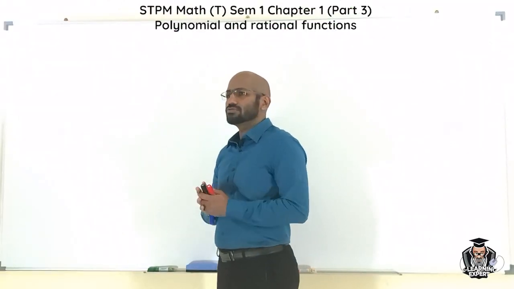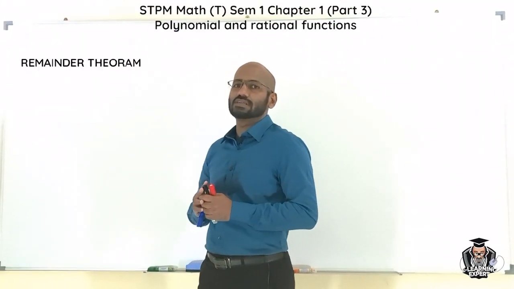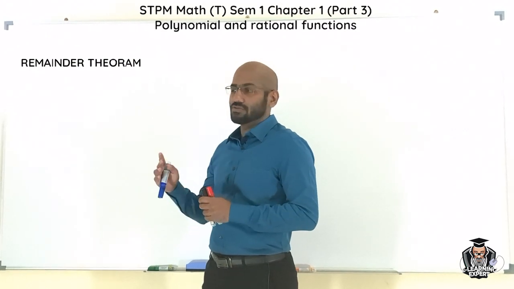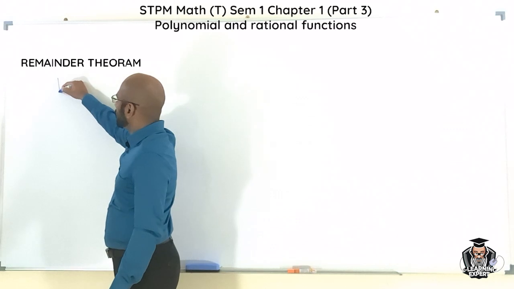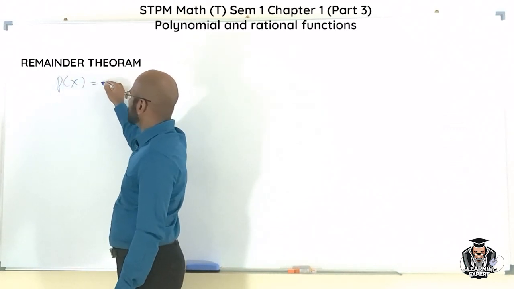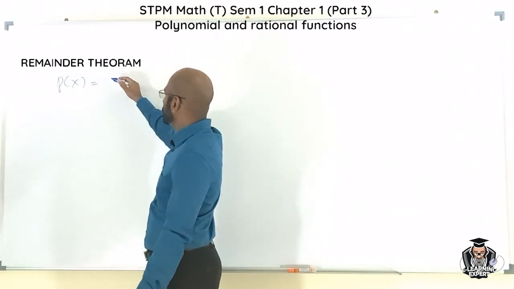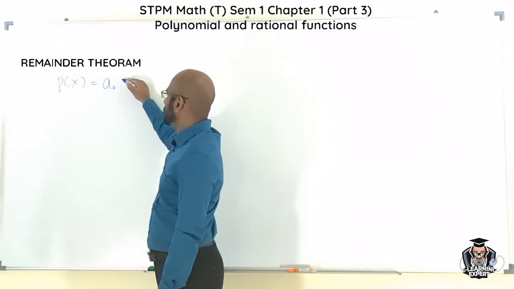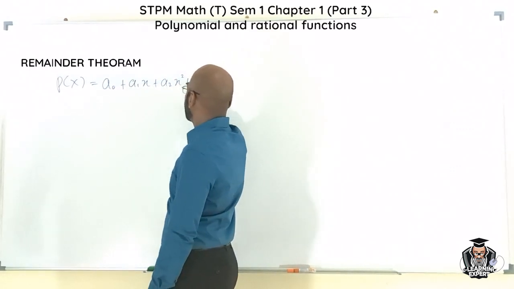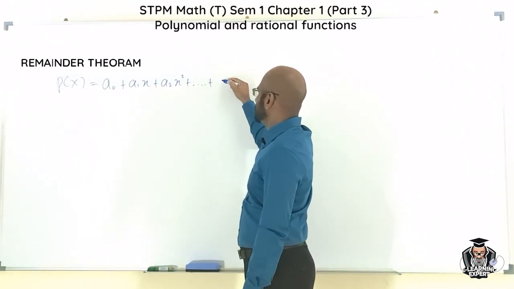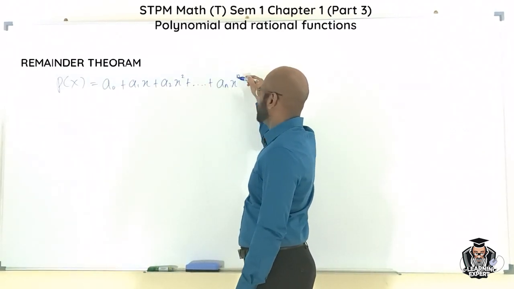Let us move on now to the first theorem for today, which is the remainder theorem, and it's going to be followed by the factor theorem. Let's say we have a polynomial p of x up to n powers. So this can be expressed as a0 plus a1x, a2x squared, and plus many terms up to an x to the power of n.